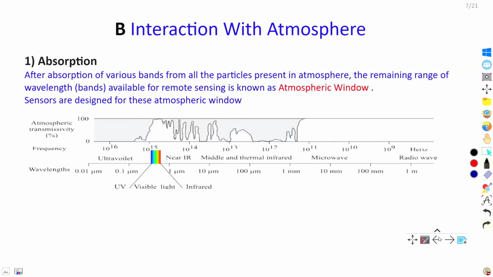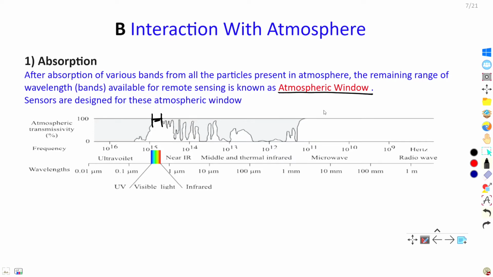After absorption, the remaining bands which are not absorbed by these pollutants, or we can say constituents, are able to reach the target. These remaining bands having less absorption are termed atmospheric windows. It means the remaining range of wavelengths, for example we can see here, this range of wavelength is not being absorbed, it is able to reach the target. So these types of ranges are known as atmospheric windows.